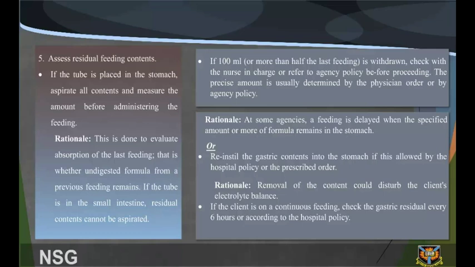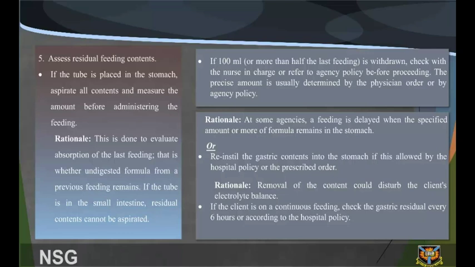If 100 ml or more than half of the last feeding is withdrawn, check with the nurse in charge or refer to agency policy before proceeding. The precise amount is usually determined by the physician order or by the agency policy.